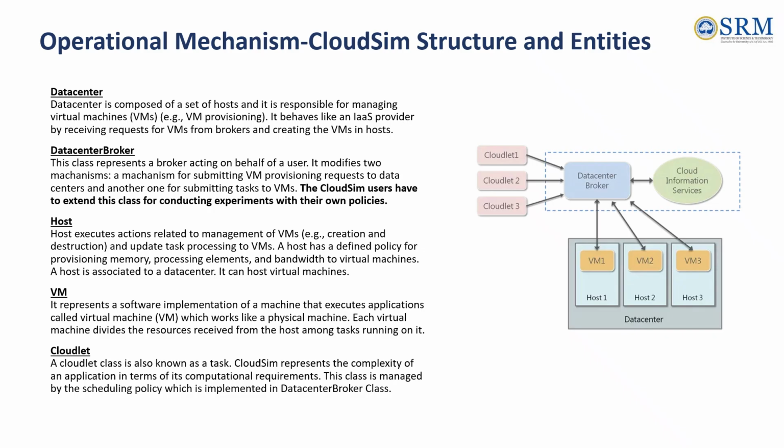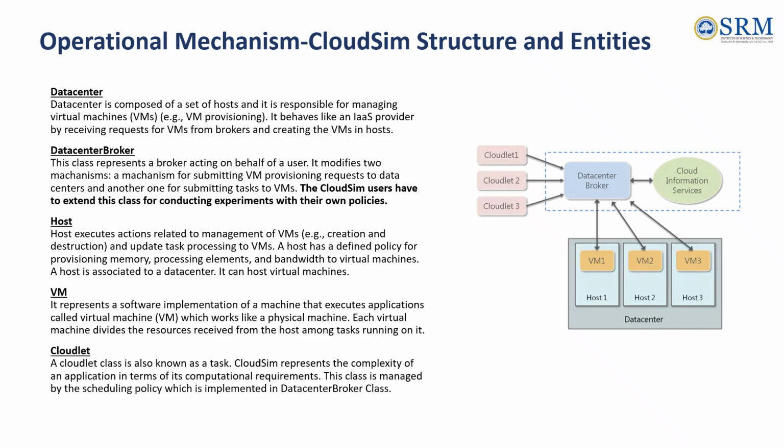Then comes the host. A host is a physical server inside the data center. It manages virtual machine creation, destruction, and allocation of resources such as CPU, memory, and bandwidth. The next entity is the virtual machine. A virtual machine behaves like a software-based computer that runs applications. It shares the host resources among different running tasks.